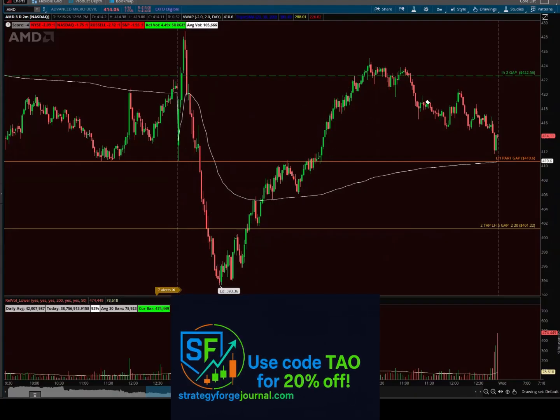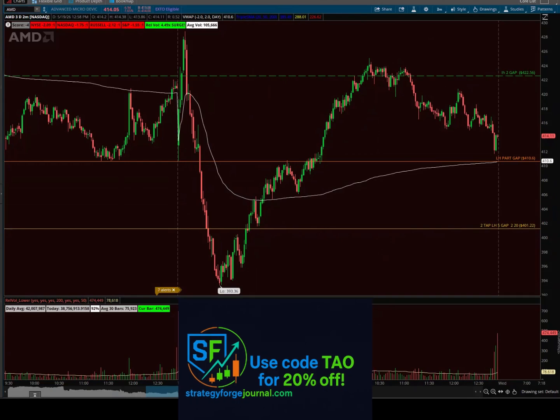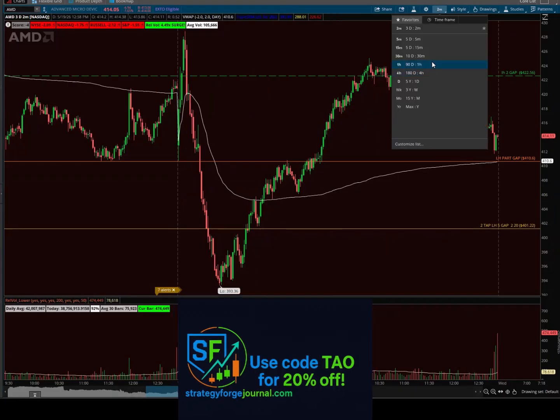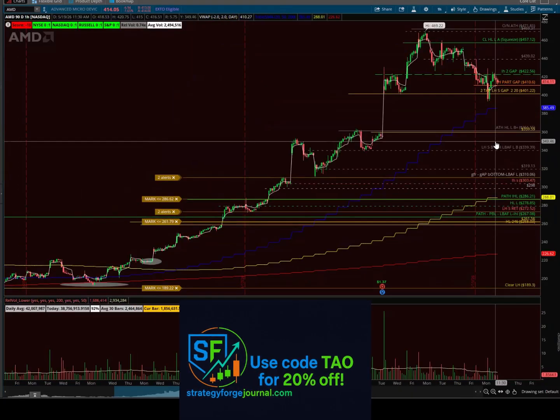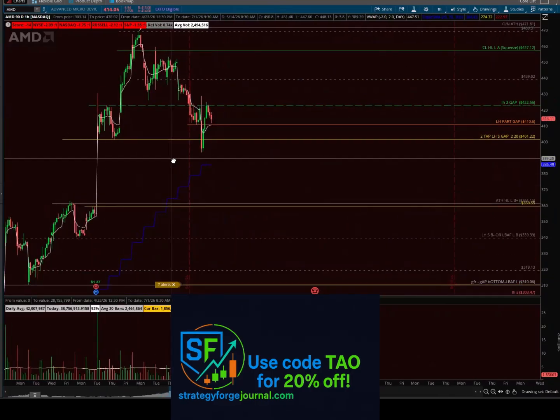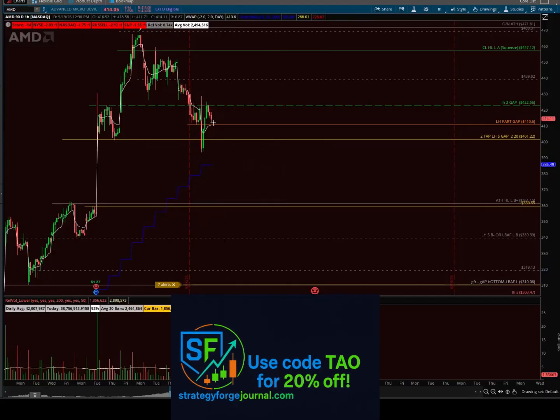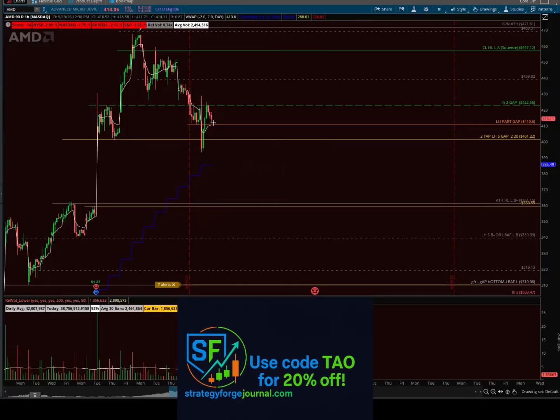Going forward on AMD, let's go to the hourly. So the question becomes now, is that all we get for a higher low on the daily chart?